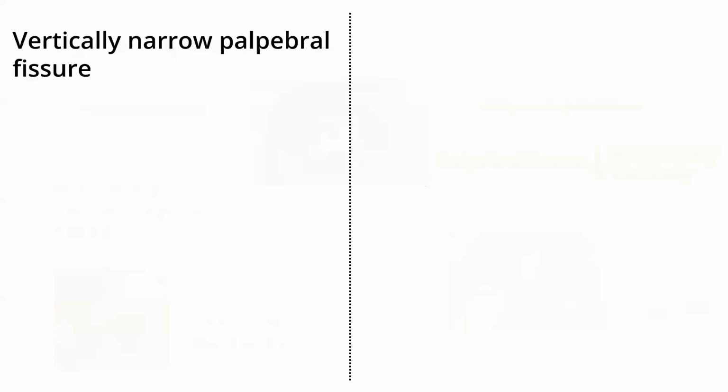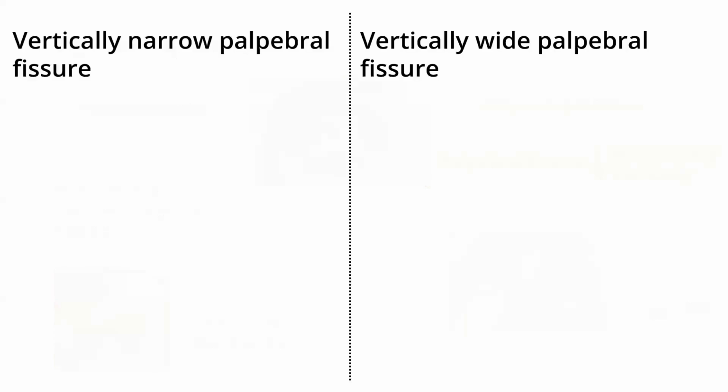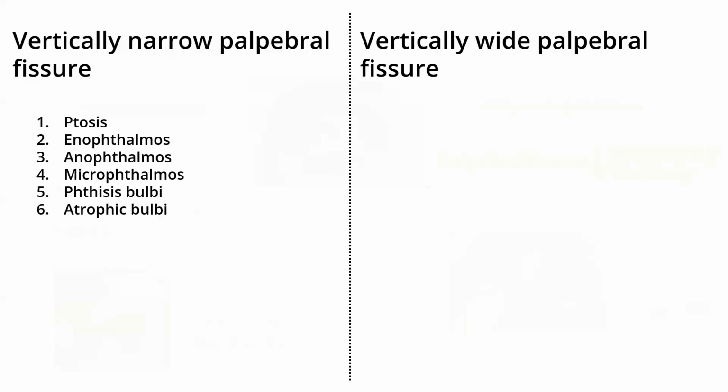Now, vertically narrow palpebral fissure and vertically wide palpebral fissure. What are the two conditions that you will appreciate in the palpebral fissure? One, it's either narrow and one, it is wide. Where do you see a vertically narrow palpebral fissure? In ptosis. In enophthalmos, when the eyeball has gone inside, not exophthalmos, inside, then the lid appears drooping down.